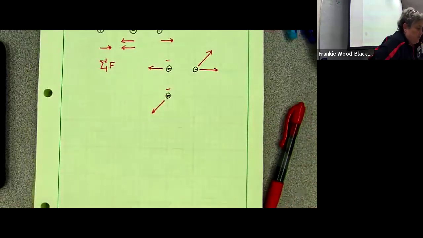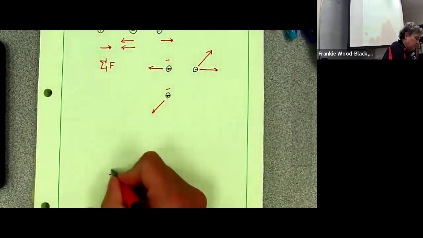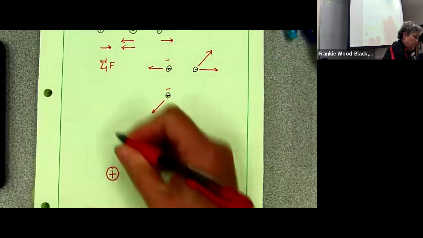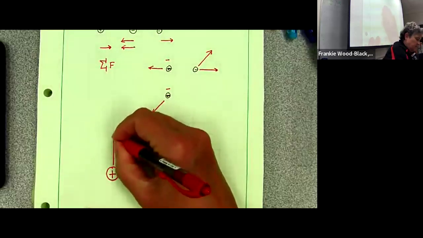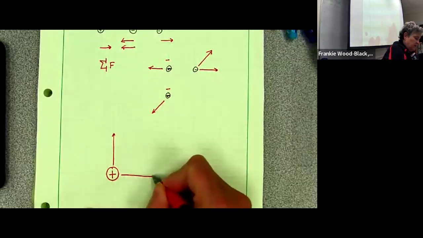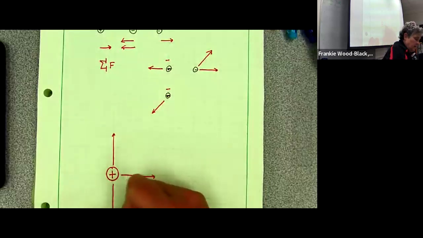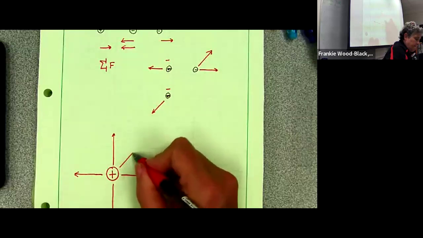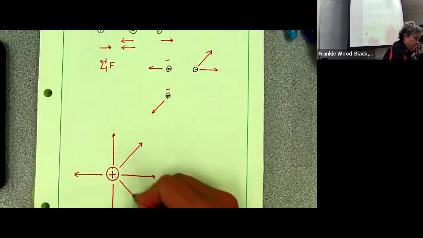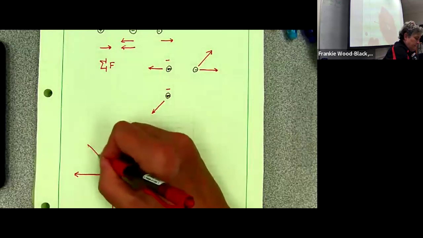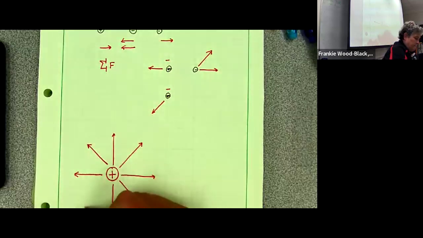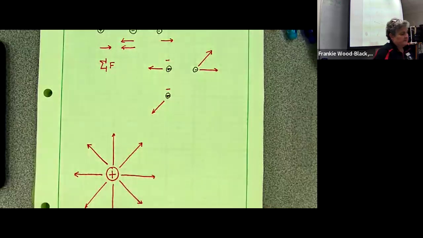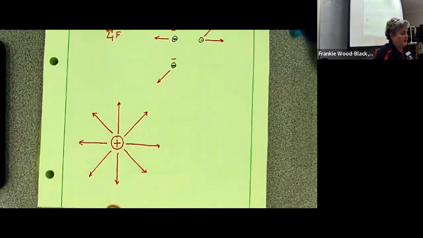When we first introduced electrostatics, we talked about that I was going to draw a field force, and we could represent our field forces with field lines. So that would be my electric field force around a positive charge.